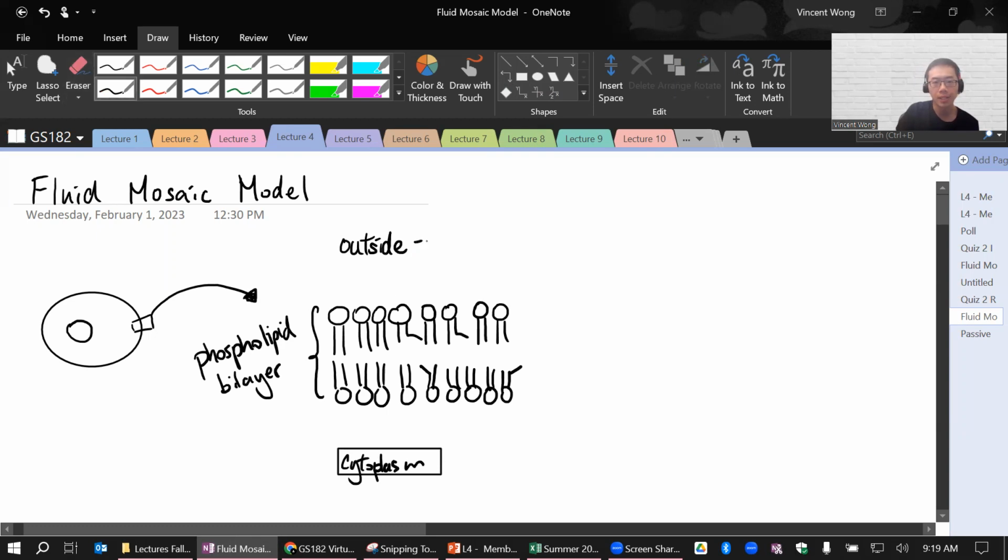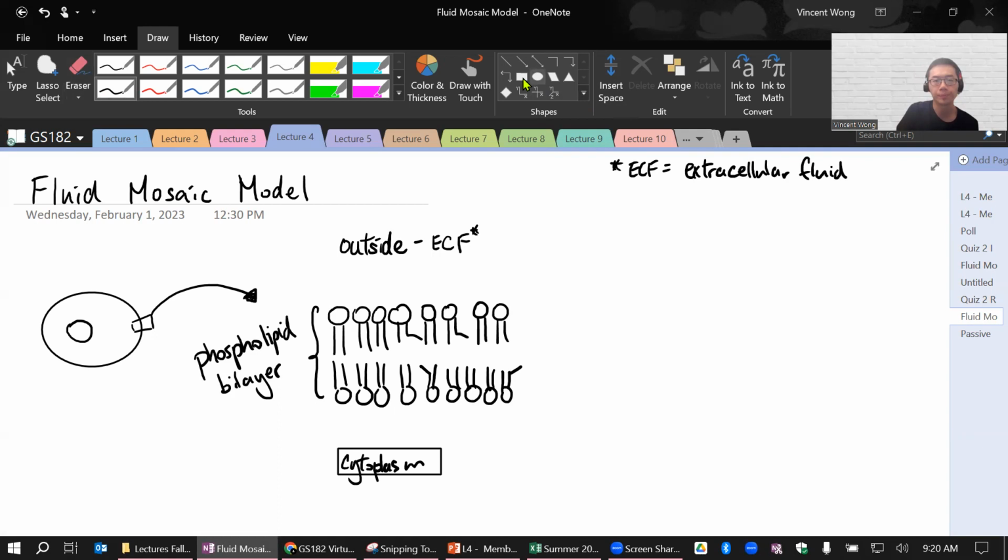The outside of the cell, we call it the ECF, extracellular fluid, outside of the cell.